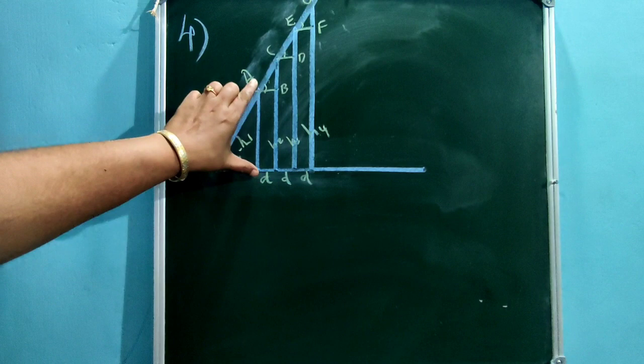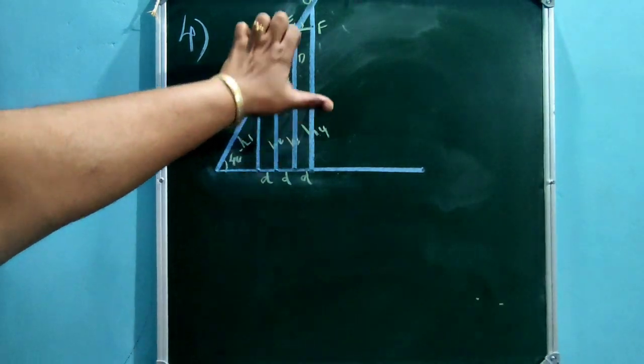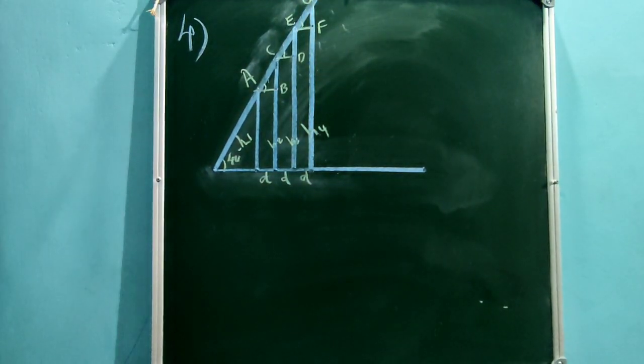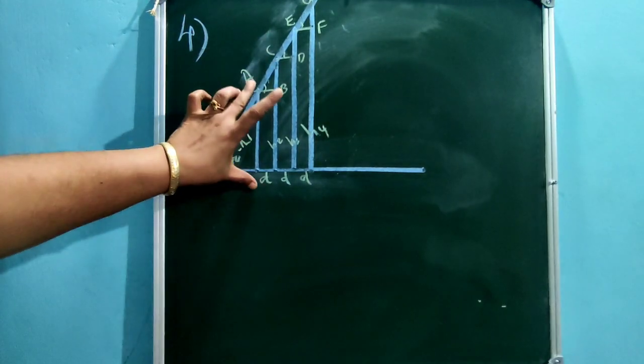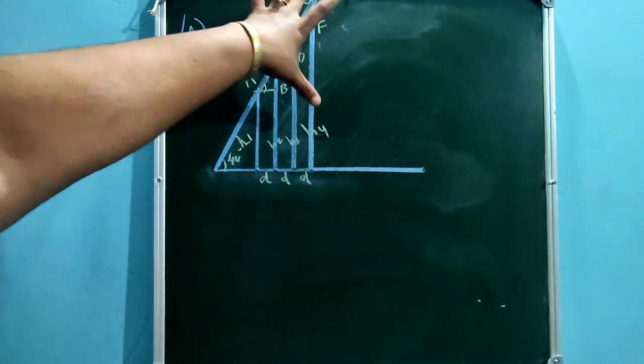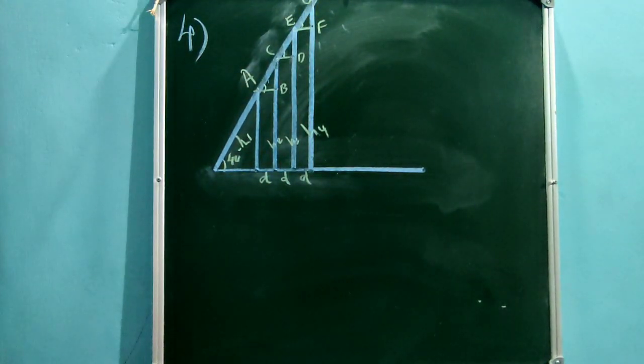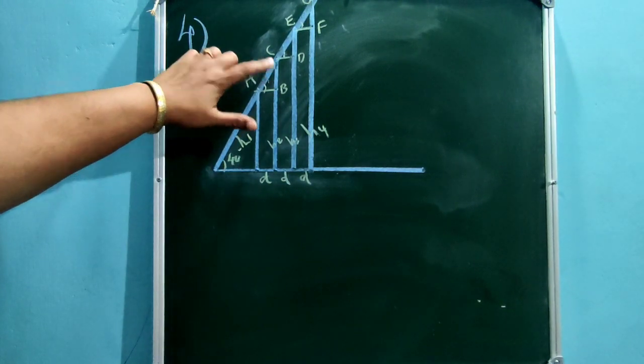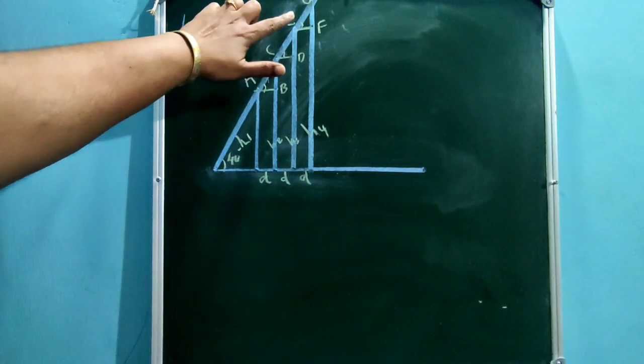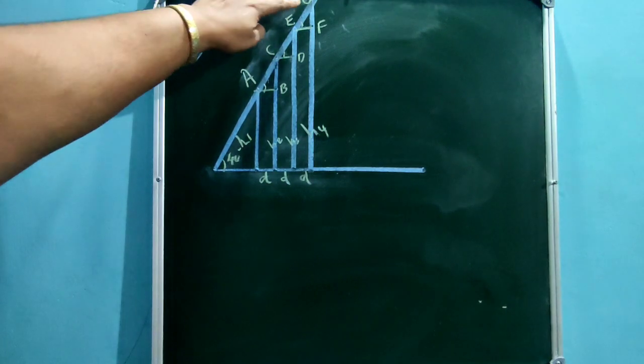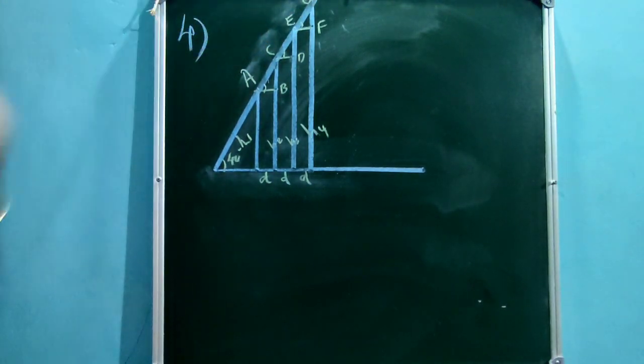We need to prove that these heights are in arithmetic sequence. That means second minus first is equal to third minus second, similarly fourth minus third. There should exist a common difference.